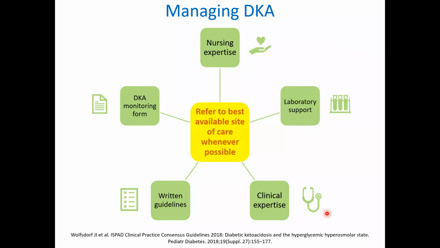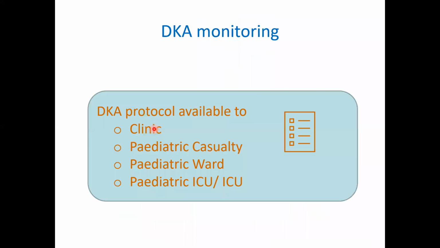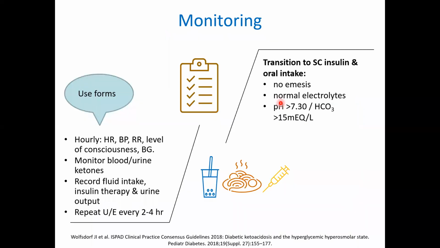Of course, we need clinical expertise. If you're in a facility where you don't have, for example, an endocrinologist, there's always the option of consultation. It's very important to have written guidelines, and it's also very important to have a DKA monitoring form. I'll look briefly at that in the coming slides. This protocol should be available to all the units that manage pediatric patients with DKA, including the clinic, casualty, the wards, and the ICU.